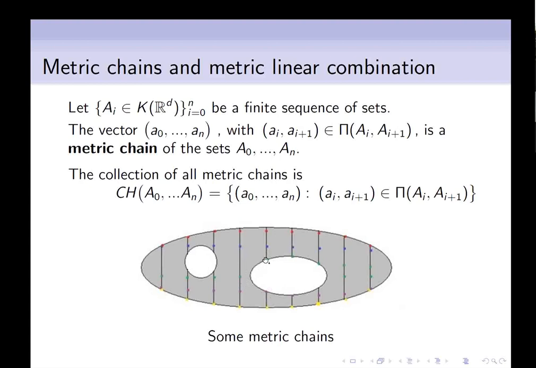Since this one is closest to this, they form a metric pair. And for this one, again, I'm looking for the closest element. Here is the closest element, and they form a metric pair, and I continue this way. We can also construct another metric chain. From here, I can take this one, they form a metric pair, and continue. So when we construct many, many metric chains, this is our collection.